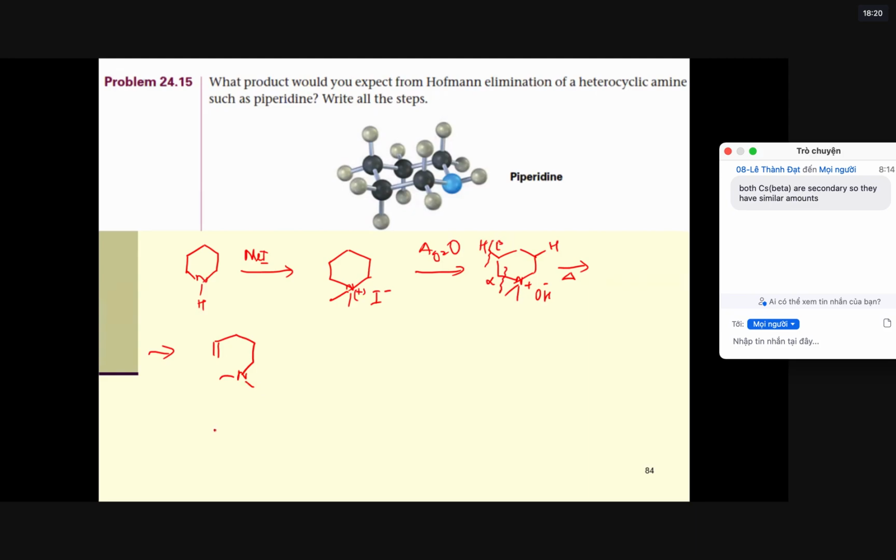The other one is the same. You do elimination with this guy and this guy, the same product. So you can get the tertiary amine, with the ene at the last carbon. All right, it looks good, right?